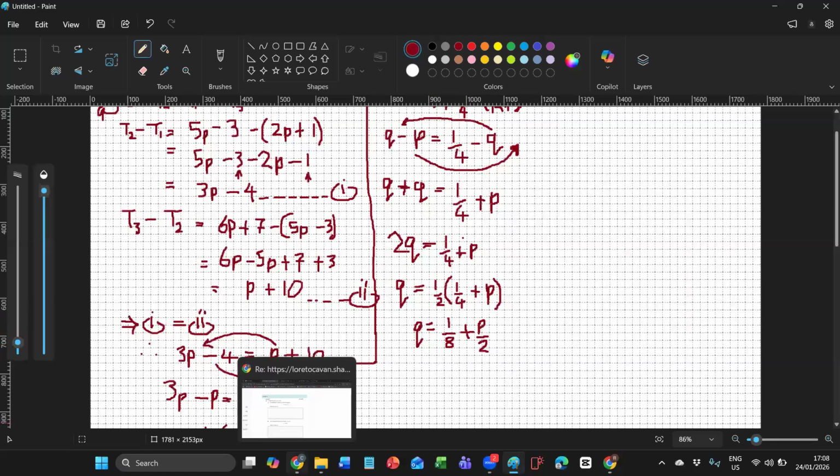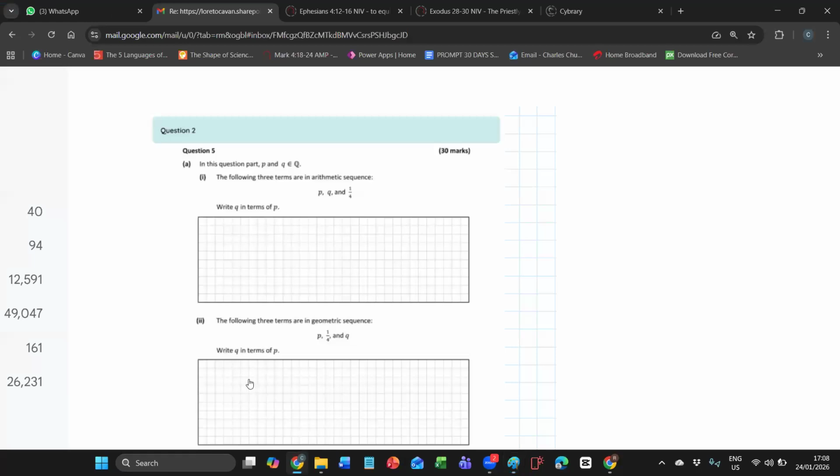Take note again: we're doing it because they told us to write Q in terms of P. That means Q will be the subject of the formula or of the equation, and P will be dealing with numbers on the right hand side.